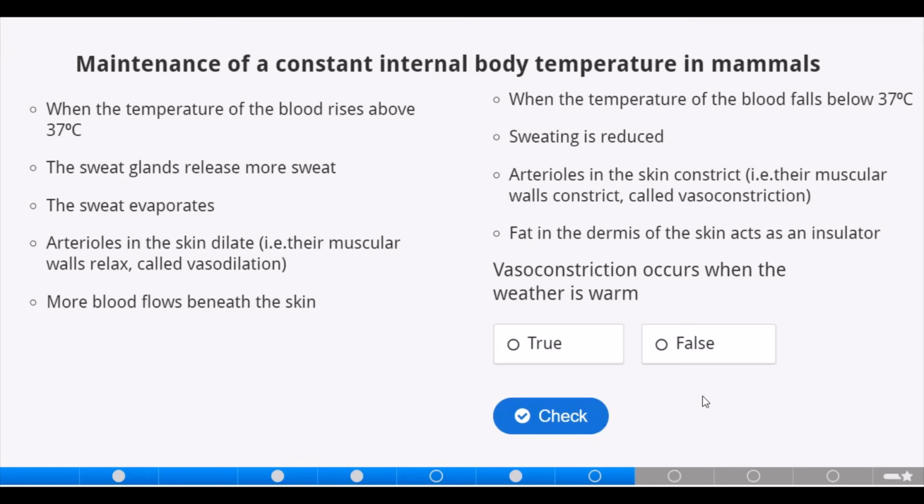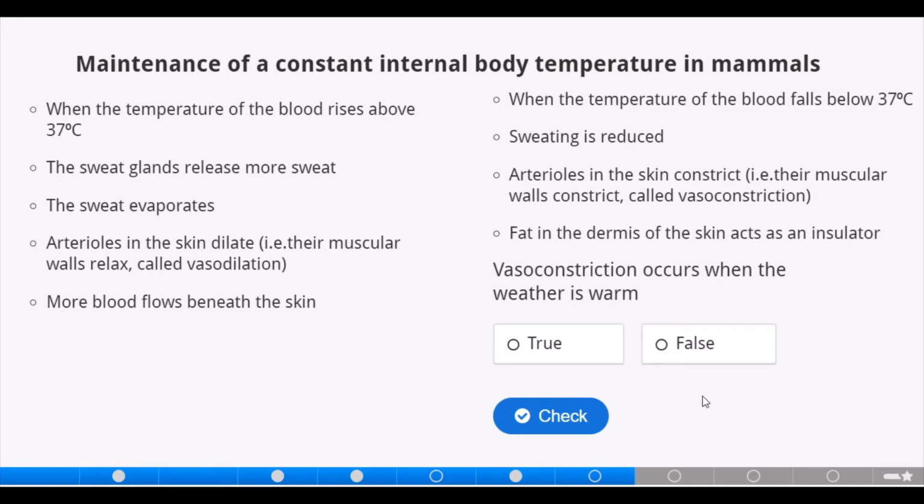Maintenance of a constant internal body temperature in mammals. When the temperature of the blood rises above 37 degrees Celsius, the sweat glands release more sweat and the sweat evaporates. Arteries in the skin dilate, that is the muscular walls relax, which is called vasodilation.